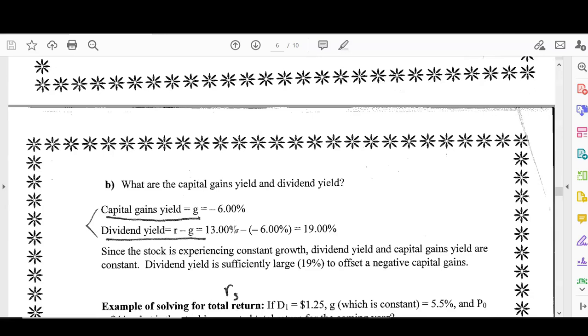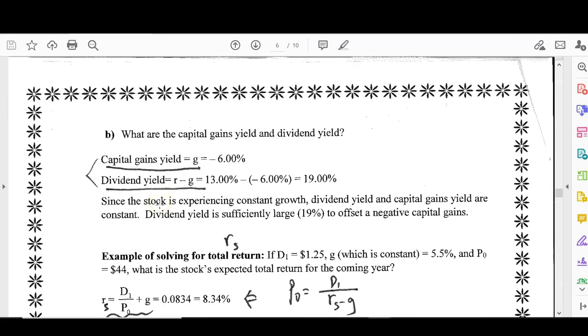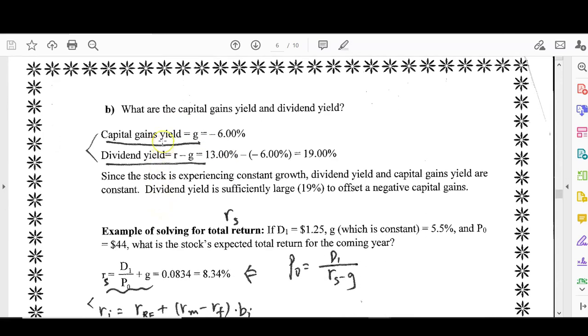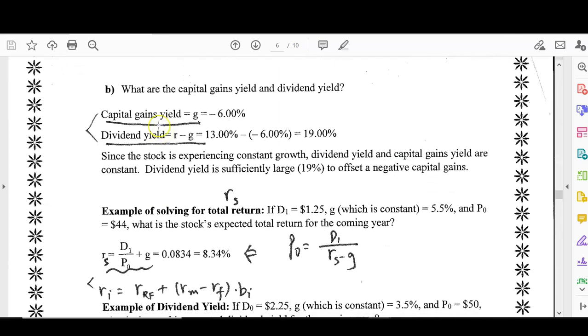In this case, according to our conclusions, the capital gains yield under the constant growth model setting should be G. That should be the same as the growth rate of price and the growth rate of dividend. It is G, the capital gains yield, here negative 6%. For dividend yield, it is the total stock return R minus capital gains yield, which is 13% minus negative 6%, which is 19%.